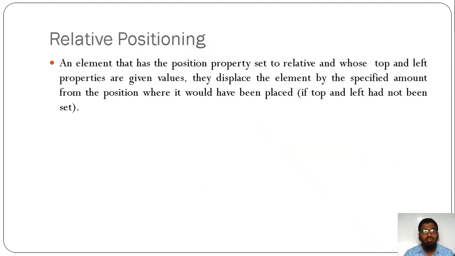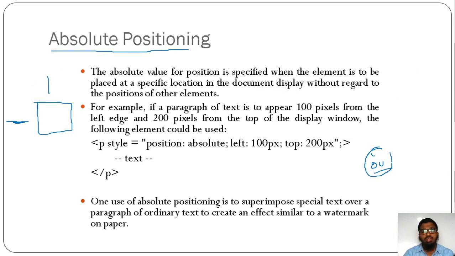What is relative? Relative is a position property. When set to relative, with top and left properties given values, it displays the element offset by the specific amount from the position where it would have been placed if top and left had not been set. You have to set the top and left in absolute.